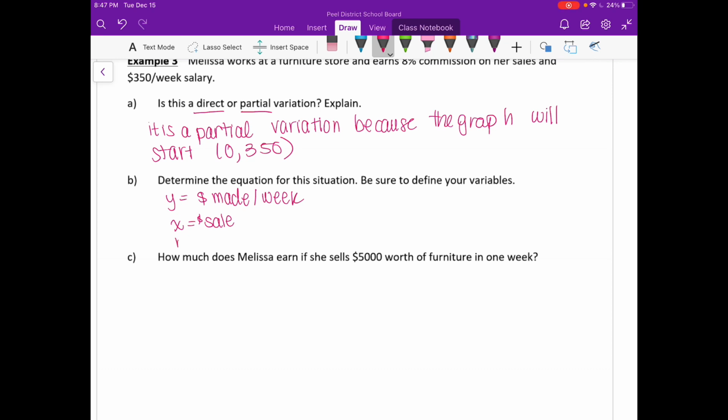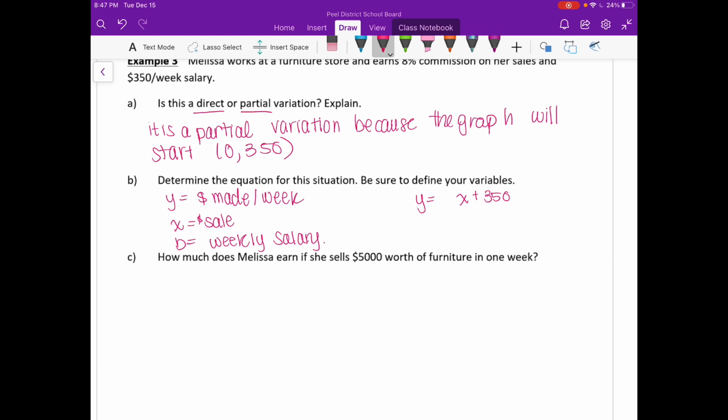And then my B value is going to be her weekly salary. I know that my B is going to be 350, so I'm going to add that at the end. Y is what I'm looking for. X is what my weekly sales are going to be.